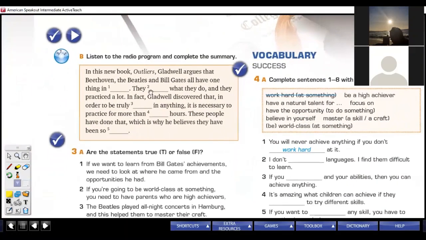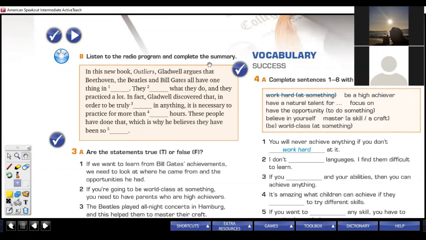As you can see in this exercise, we're going to have the listening. You're going to listen to a radio program, as you can see right here. Listen to the radio program and complete the summary. Now, guys, do not expect the audio to be exactly the same as this small test that we have right here.